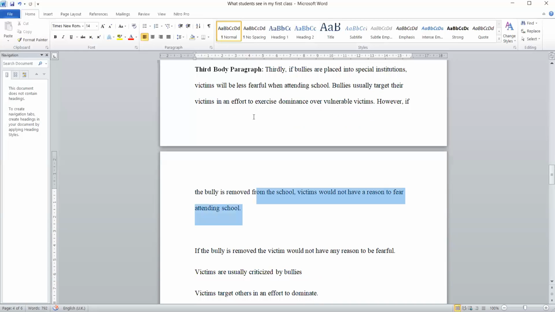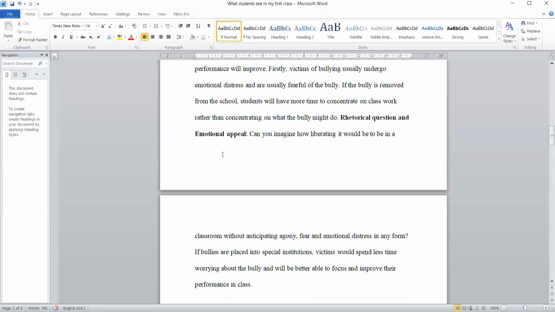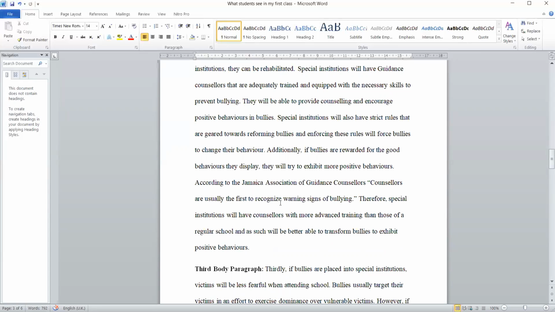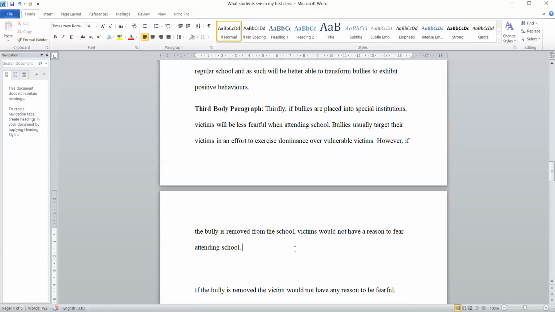We have not yet included one in our third body paragraph. So we have already used a rhetorical question and emotional appeal in the first body paragraph, and we used an appeal to authority in the second body paragraph. Let's try direct personal appeal.